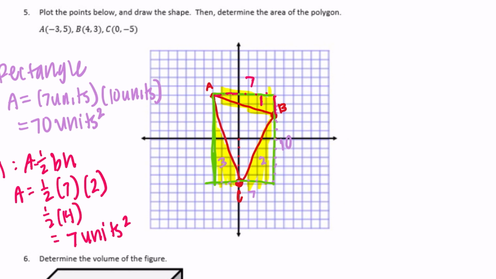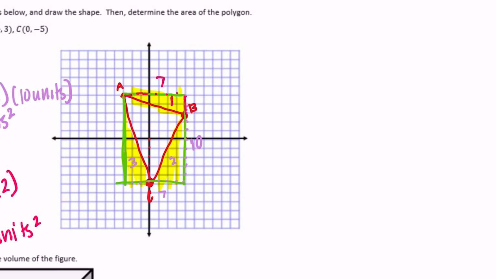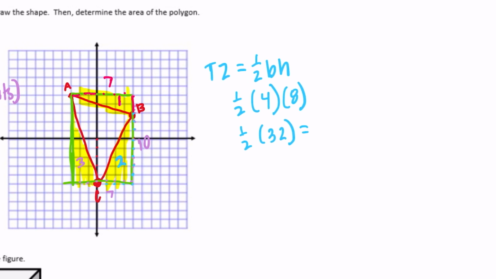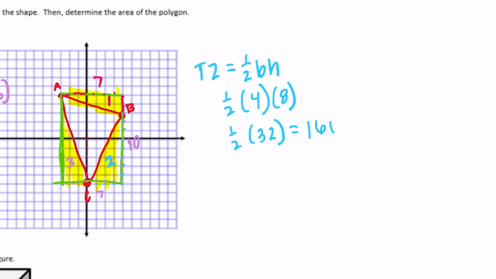And so let's do triangle 2 here. So 1/2 base times height, 1/2. The base is 1, 2, 3, 4 by the height, which is 1, 2, 3, 4, 5, 6, 7, 8. So half of 32 would be equal to 16 units squared.